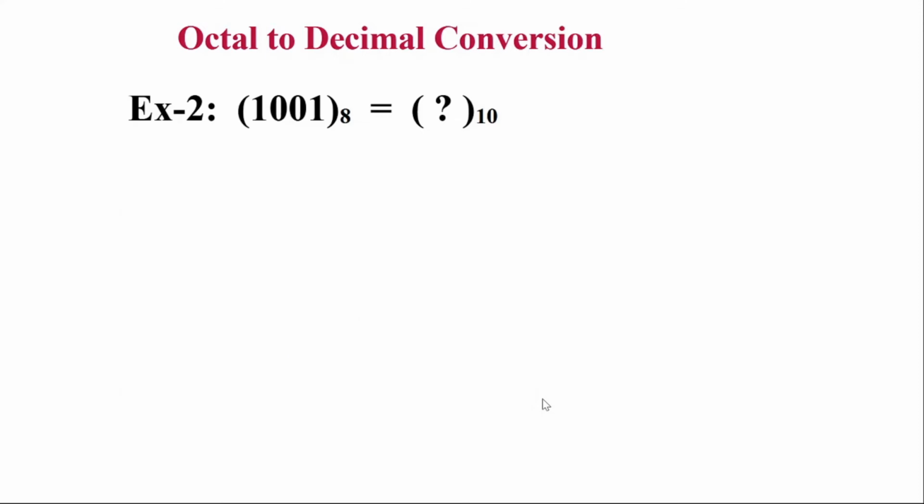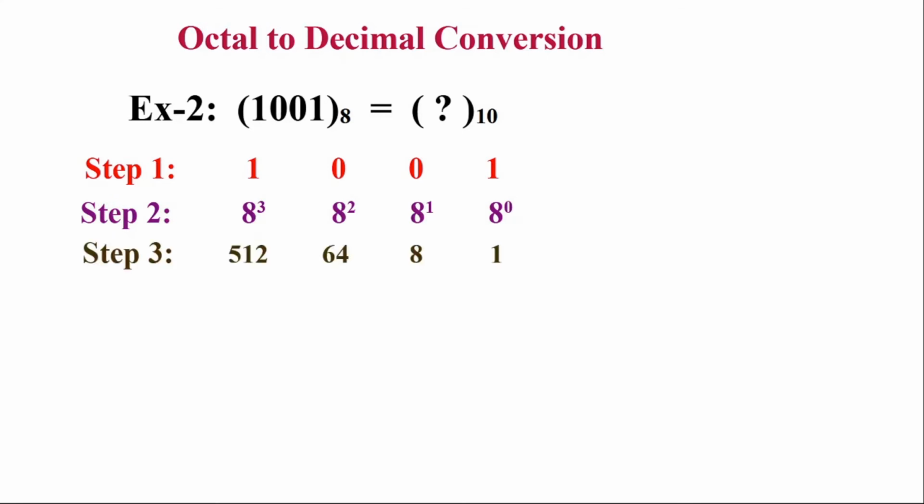Now let us consider another example 2, where we have to convert the octal number 1001 into decimal. The step 1, we have to write the octal number. Step 2, we have to write the weight values.